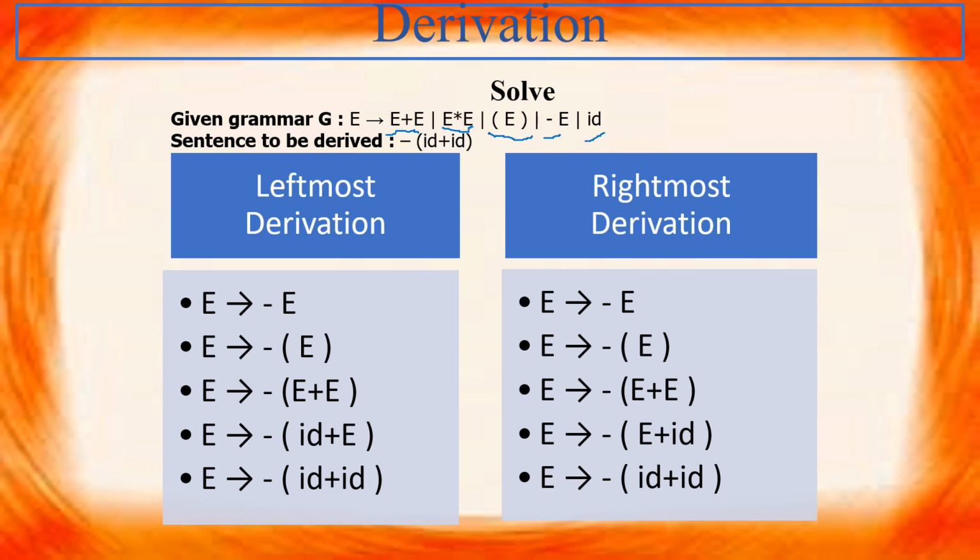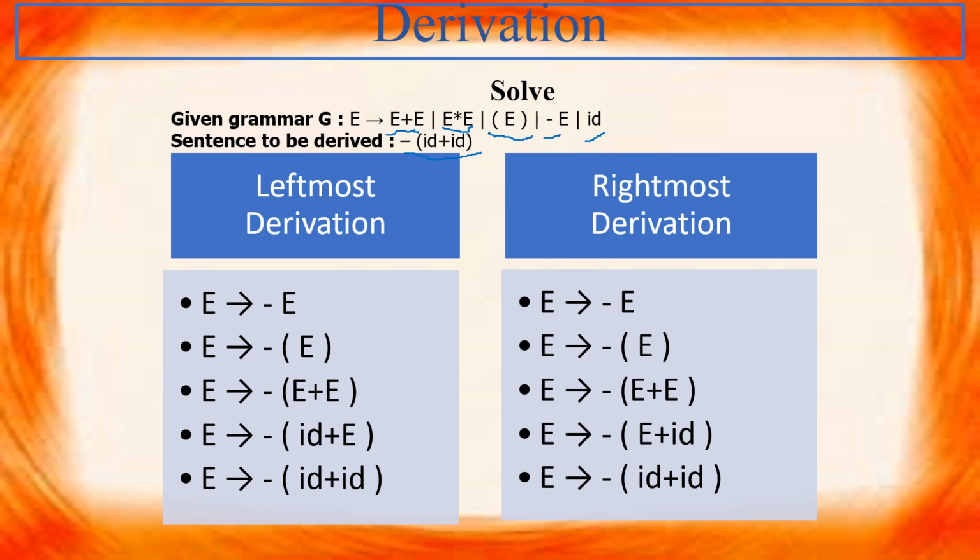By using this grammar, we need to derive the given string, minus id plus id, using the leftmost derivation and then the rightmost derivation.